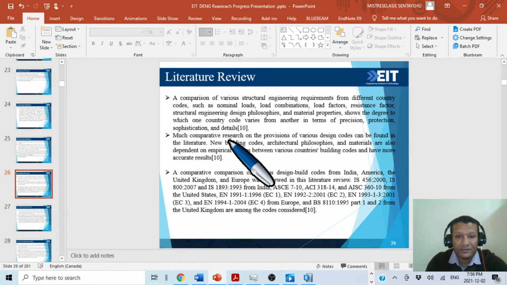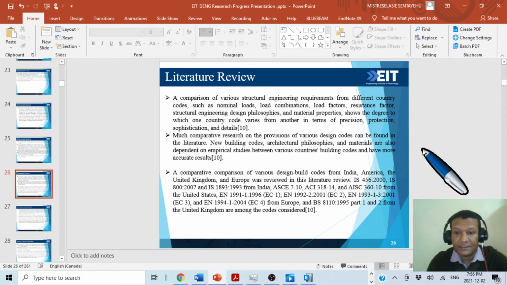Much comparative research on the provisions of various design codes can be found in the literature. New building codes, architectural philosophies, and materials also depend on the empirical study between various countries' building codes to have more accurate results.